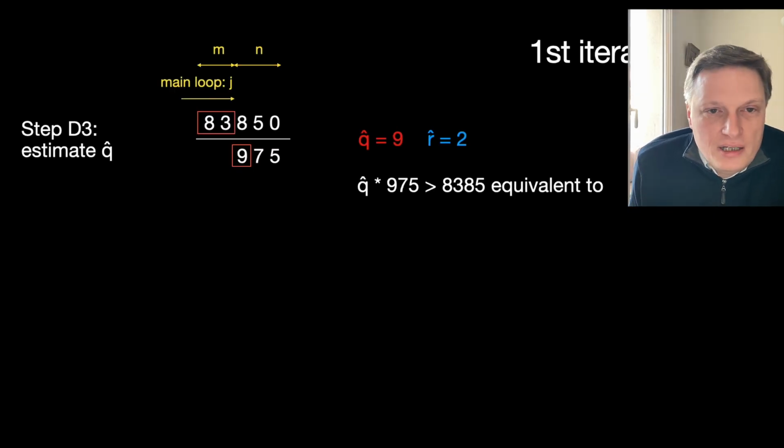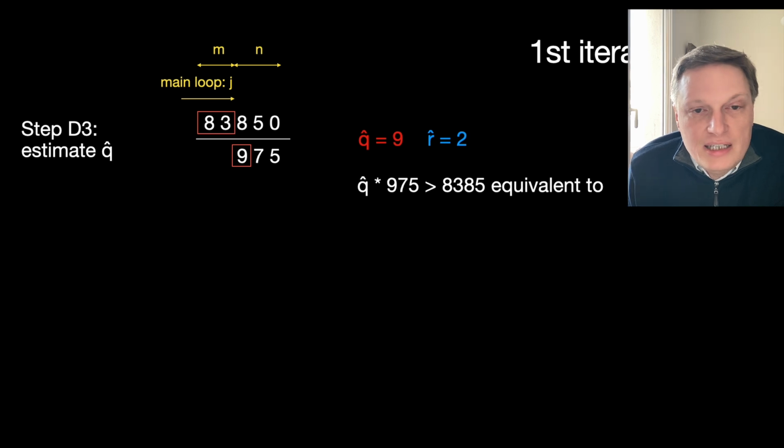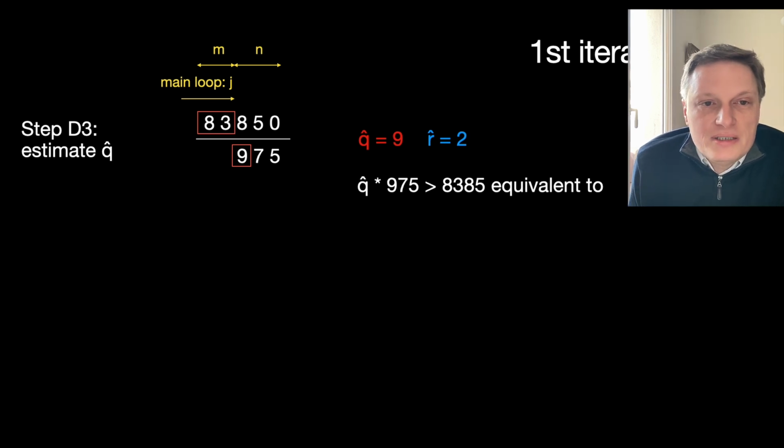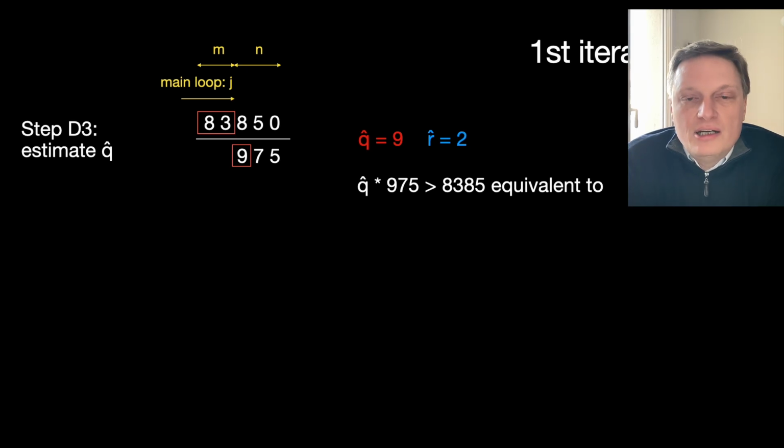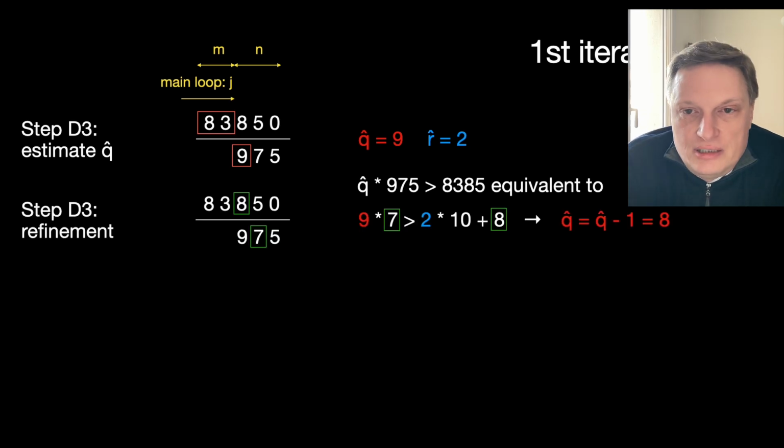At this step, 83 divided by 9 makes 9, but since q hat may overestimate the true value of q, we look at the next digits and do some math to check whether this is the case.